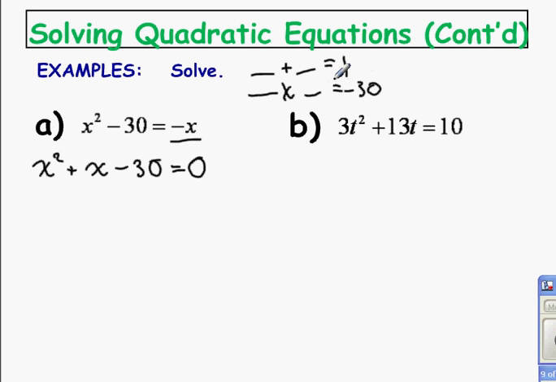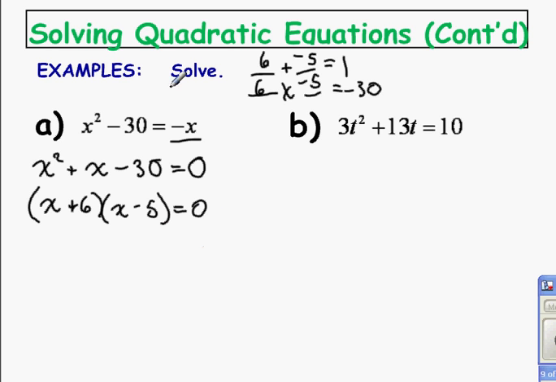So two numbers that multiply to negative 30 and add to positive 1 would be positive 6 and negative 5. Because it's a simple trinomial, we can write that right away. x plus 6, x minus 5 equals 0.